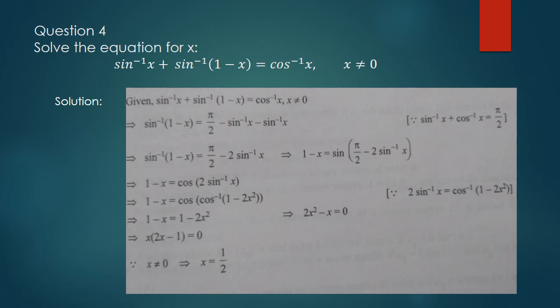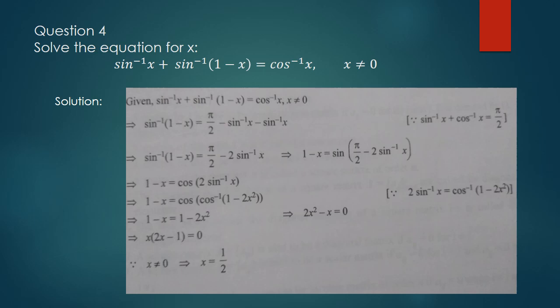It will be changed to sin of pi by 2 minus 2 sin inverse x. And we know that sin of pi by 2 minus theta is equal to cos theta. So it can be written as cos of 2 sin inverse x.